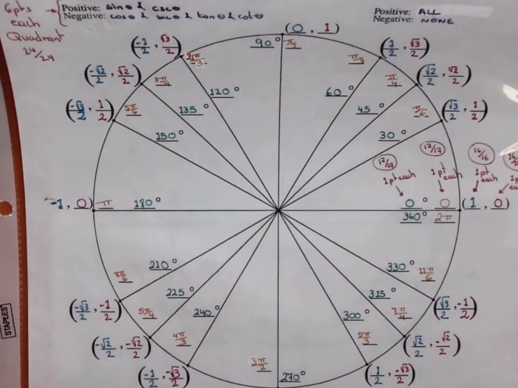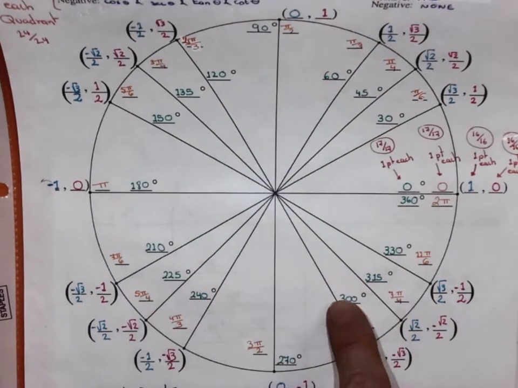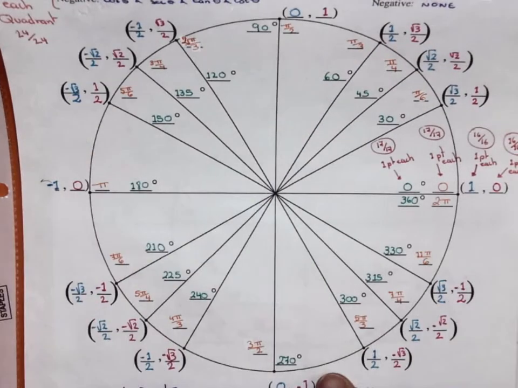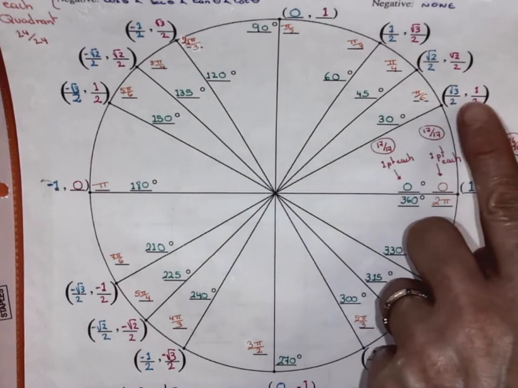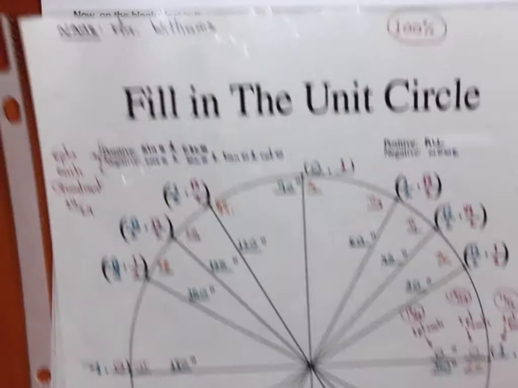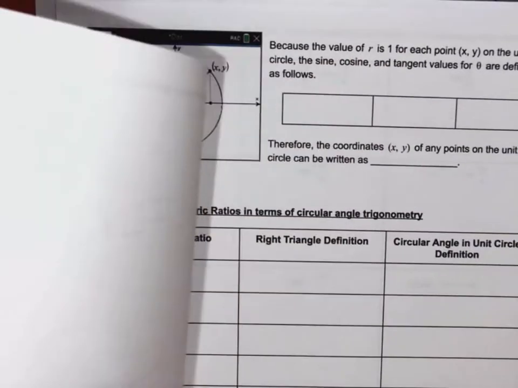See how I have all my degrees in one color, all my radians in another color, and then all my ordered pairs. But I use different colors for my sine and cosine, right? For the x's and the y's. All right, so unit circle, here we go. Now we're going to use it.